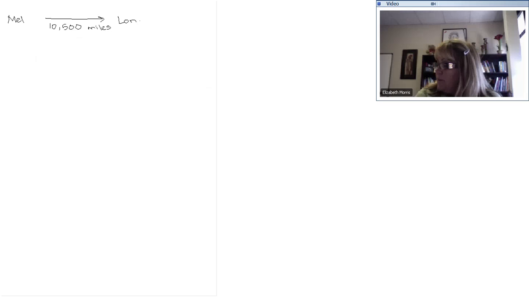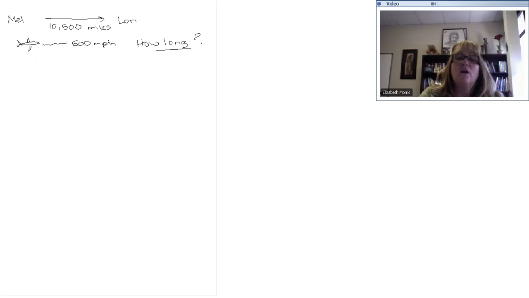And if an airplane travels 500 miles per hour, so our little airplane, don't laugh, that's pretty good, miles per hour. They want to know how long will it take. So we're looking for time. Now let's remember, rate times time equals distance. We're looking for how long, so we need to isolate our T.